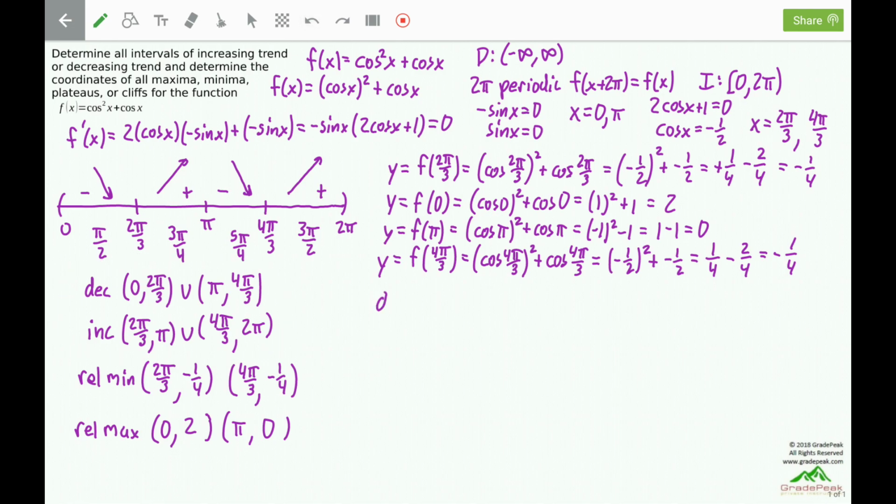So we have decreasing intervals from 0 plus 2 pi n up to 2 pi over 3 plus 2 pi n, union, and again, pi plus 2 pi n up to 4 pi over 3 plus 2 pi n.